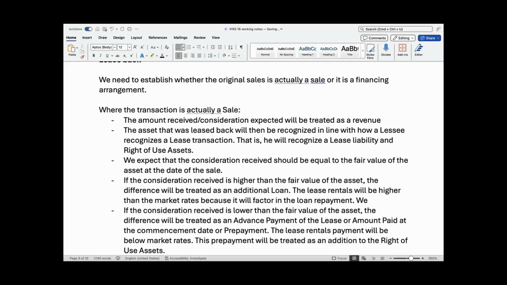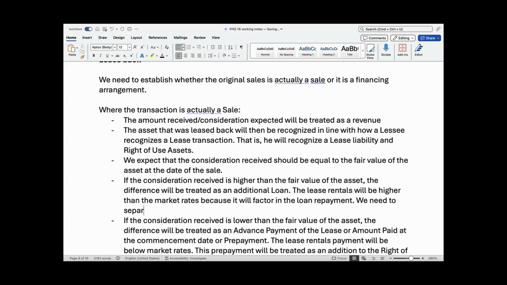So we need to separate the lease liability and the loan. We need to separate it.